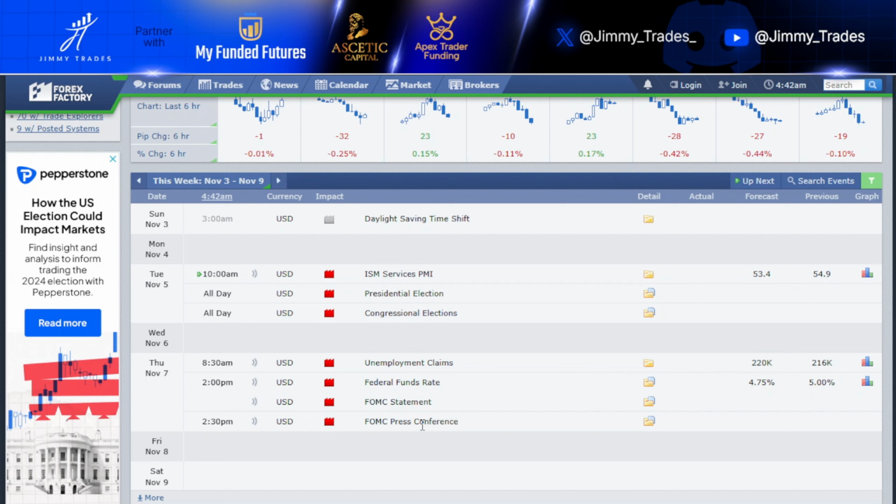For me anyway, I will be sleeping by then. But if anyone trades the PM session, then you might want to wait till after the FOMC statement and conference to look for position. So likely not a trade day. And then Friday, just another day to be cautious, a low to medium probability with no news.